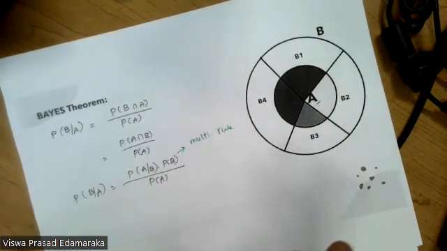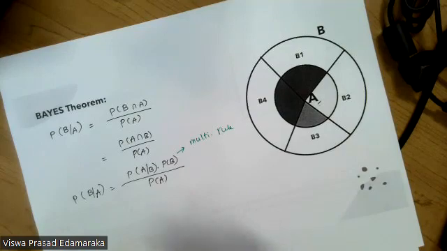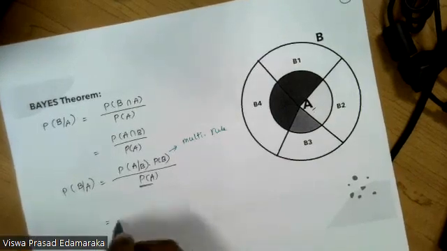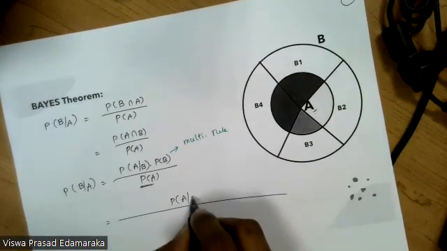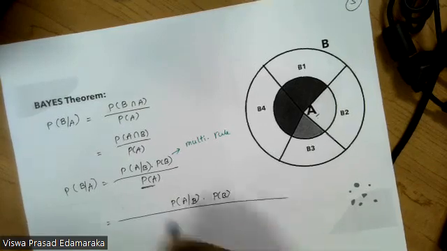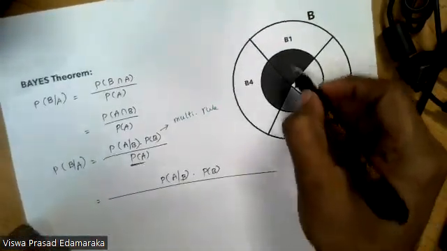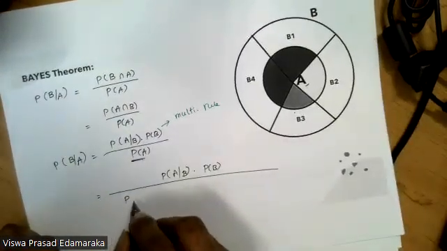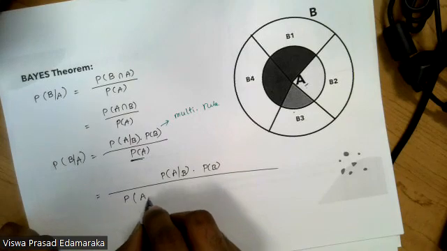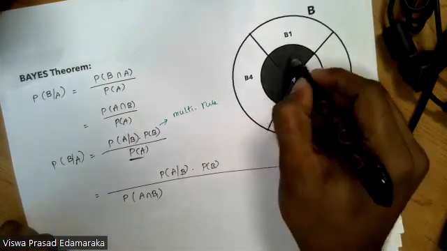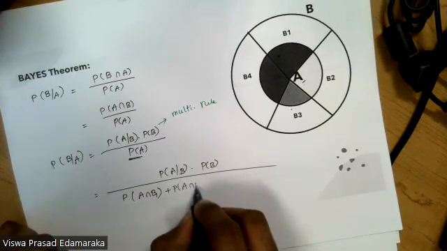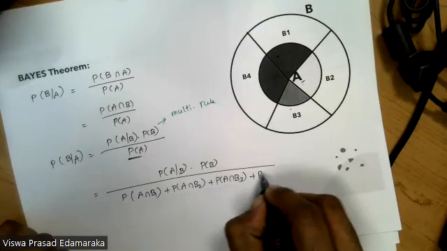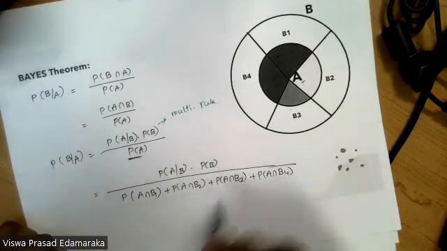That's it. There is nothing more in Bayes theorem. Bayes theorem is derived from conditional probability. So I need to find out P of A. P of A is merging with B1, B2, B3, and B4. That is P of A intersection B1, plus P of A intersection B2, plus P of A intersection B3, plus P of A intersection B4.